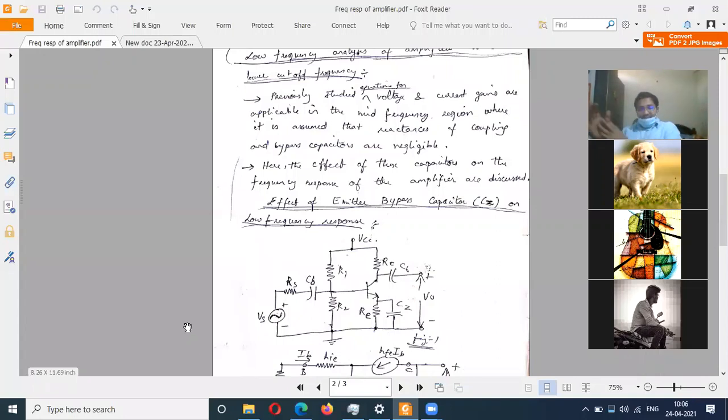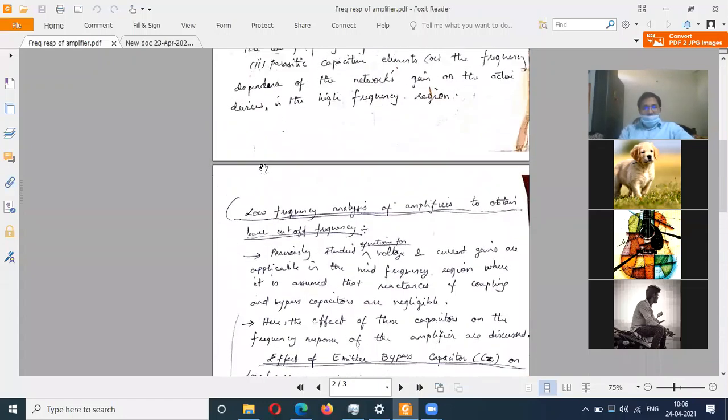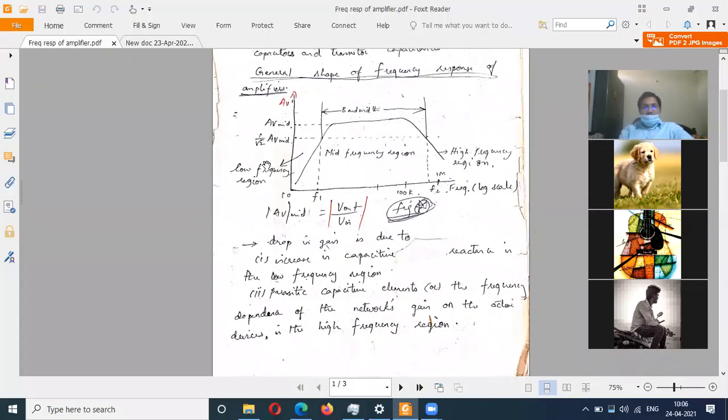When we gradually change the frequency from small to larger, the amplifier gain, which we calculated yesterday along with input resistance, gradually increases, remains constant, then decreases.